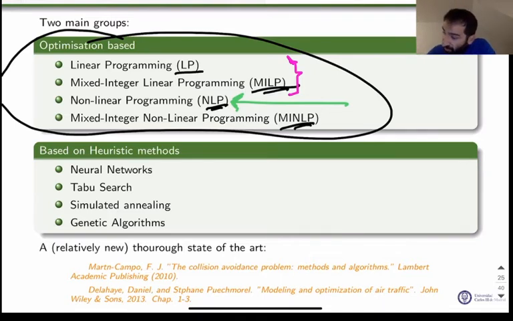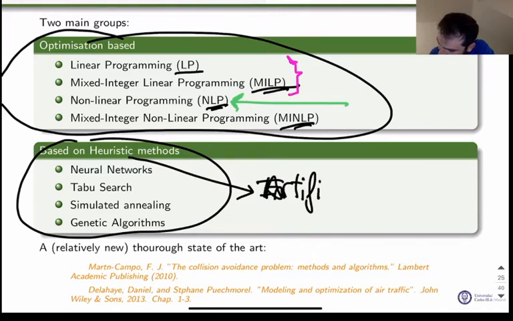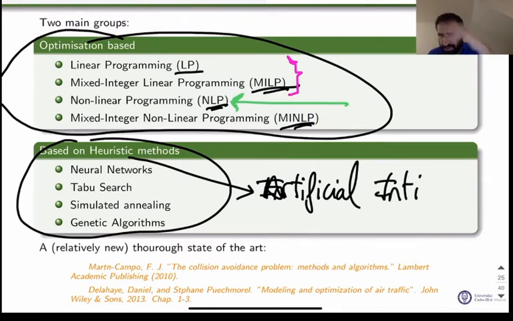The other branch of methods has to do with heuristics, meta-heuristics. Also, nowadays it's very trendy to call it artificial intelligence. You will see this word around. But in any case, we are searching for solutions that are close to optimal.